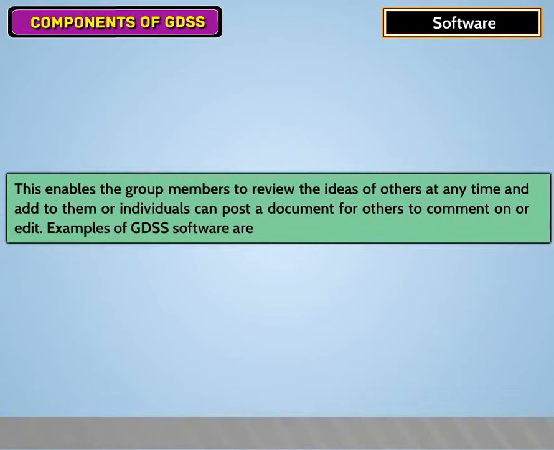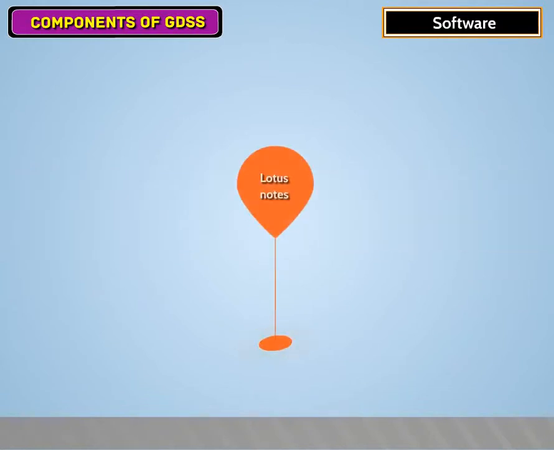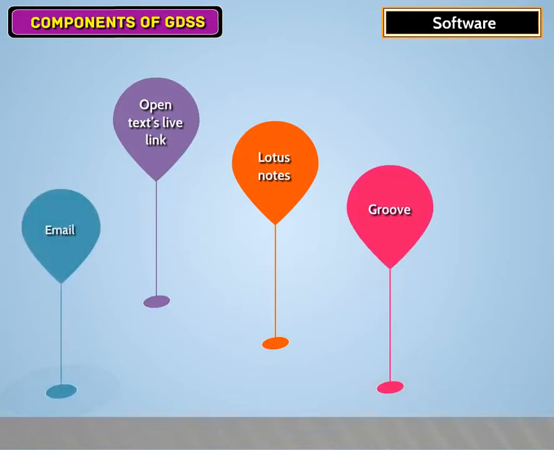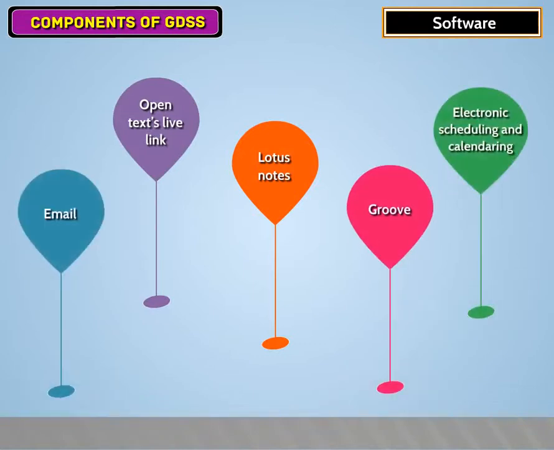This enables the group members to review the ideas of others at any time and add to them, or individuals can post a document for others to comment on or edit. Examples of GDSS software are Lotus Notes, Open Text Live Link, Groove, Email, Electronic Scheduling and Calendaring.